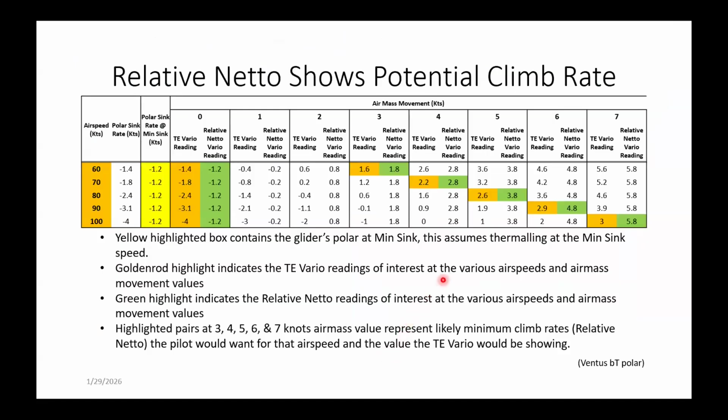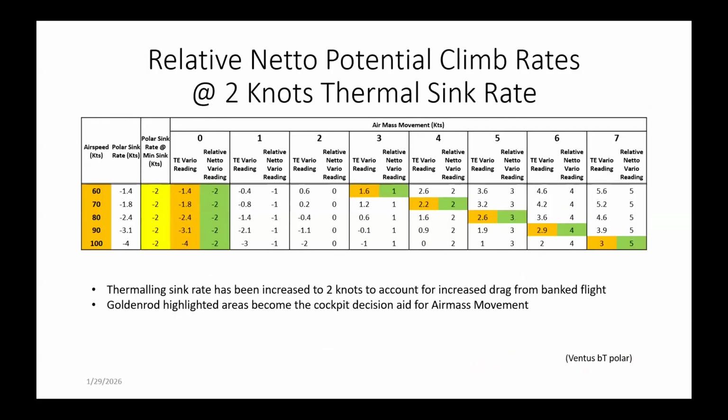So again, if you want to try to reverse engineer this, pull the slide deck down, pick a number, pick a polar. Like I say, this one's based off of a Venice polar, and enjoy yourself. But yeah, I actually flew with this kind of a chart in my cockpit.